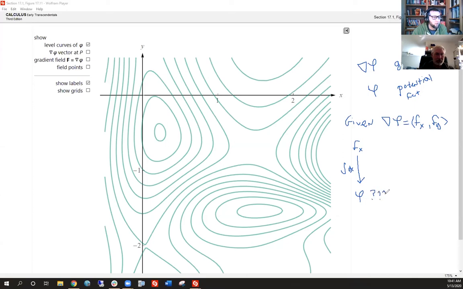But then you realize, wait a second, there's a problem. I don't know if my potential function accounted for what's going on with the y's. And so you end up differentiating this with respect to y, and that should get you back to your fy. And then you end up integrating again with respect to y, and this will give you your actual potential function. This doesn't have to make sense now. I'm just bringing it up because it's going to come up in a couple of sections.